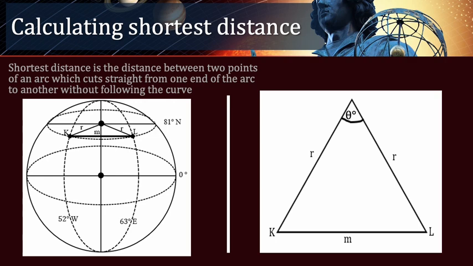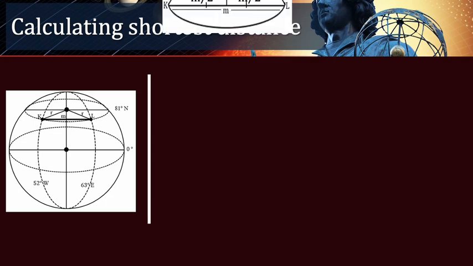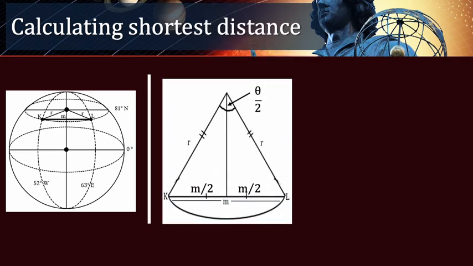Now, let us see something also to help us understand how to calculate for the shortest distance. So, we have another figure here for calculating the shortest distance. Yes, this is the original picture. Remember? And here is a cross-section now, where it also has the arc or the curve at the end.